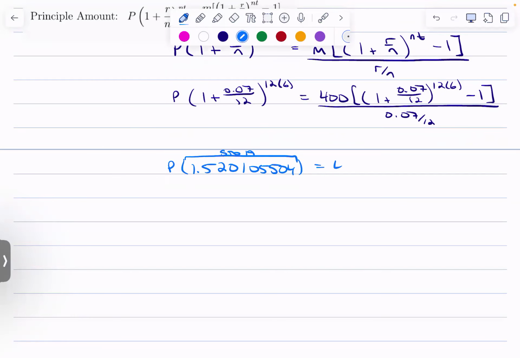And then I'm going to do 400 times whatever is stored in A minus 1, divided by 0.07 divided by 12.